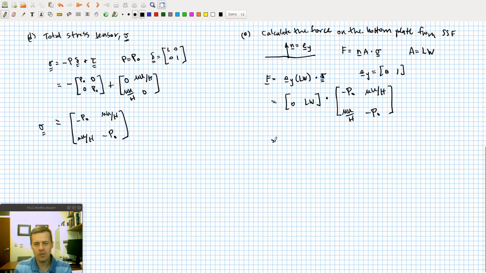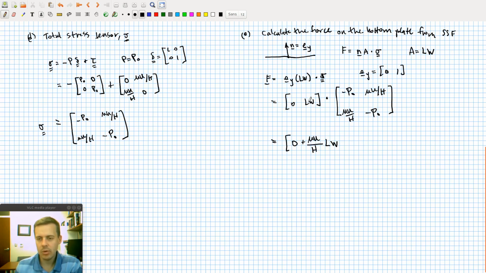So now to find my force, I just have to do some more matrix math. So I do 0 times minus P0. That gives me a 0. And I do LW times mu U over H. So that's mu U over H times LW. That's my first component.